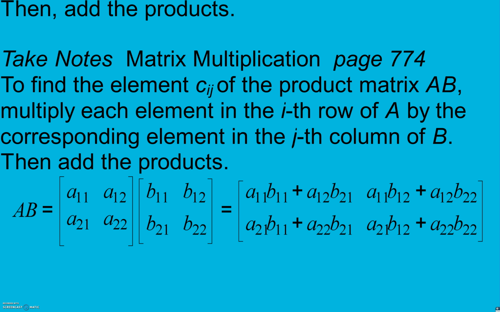To find the elements again of our matrix, we multiply each element in the ith row of A by the corresponding elements in the jth column of B. Then add the products. Guys, this is a little bit like foiling in that we have to do the entire thing. So we can't just multiply the first and the last. In foiling, we have to do the outsides and the insides. Same idea here. We have to do the entire column.